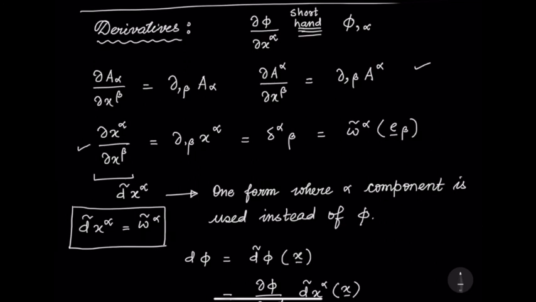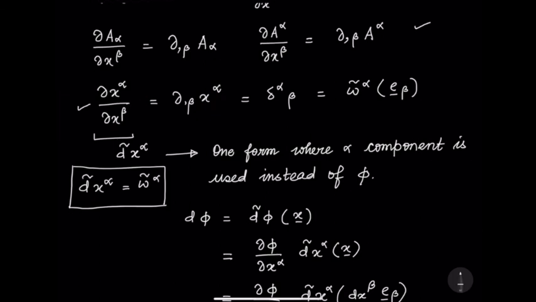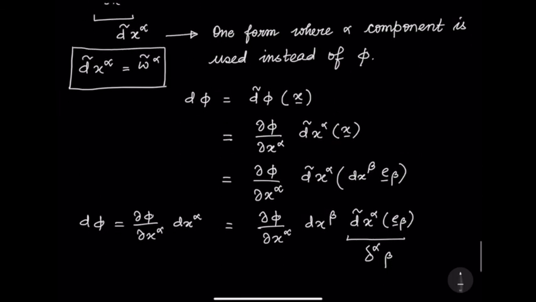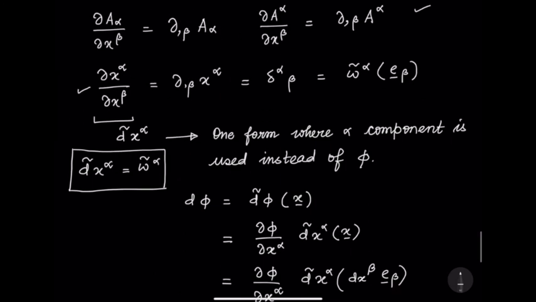We'll see that we will have to modify it a little bit, as the derivatives get modified when we do general relativity. And as you see, the derivative of x alpha with respect to x beta is essentially the basis one form.